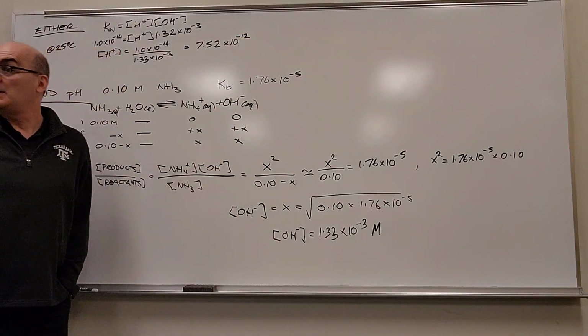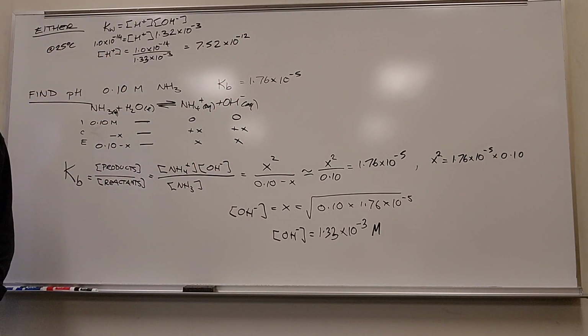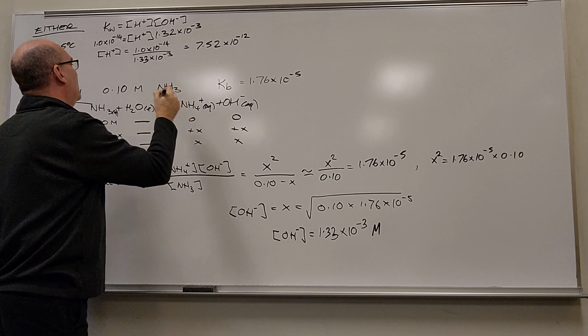See, that's a number now that doesn't sound like any of the other ones that we've had up to this point, because we've been looking at acids. And now this isn't an acid, this is a base. So the numbers are on the other side of 10 to the negative 7. Our H pluses have always been 10 to the negative 4, 10 to the negative 3, 10 to the negative 5. And now they're on the other side.